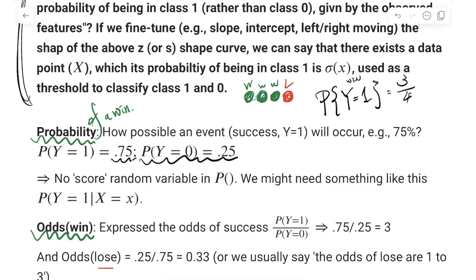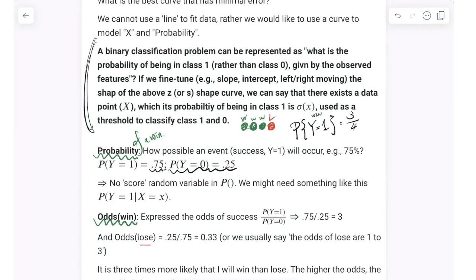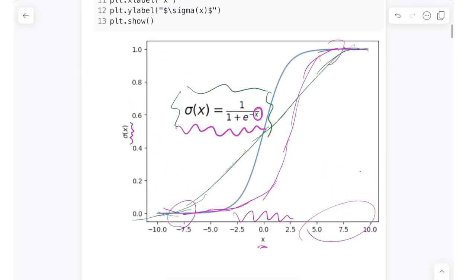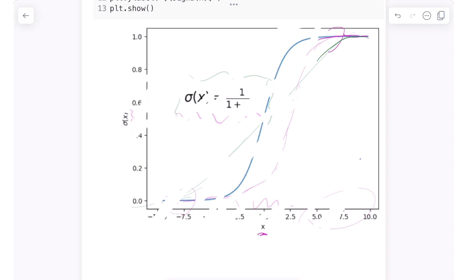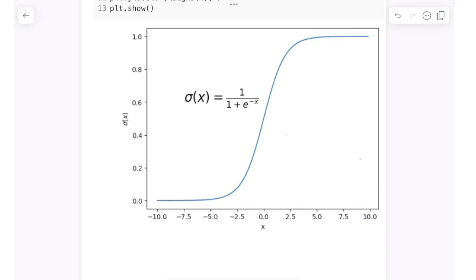But what exactly would we like to model in this kind of shape? The x-axis is straightforward: that is x1, the score. But what is the y-axis?